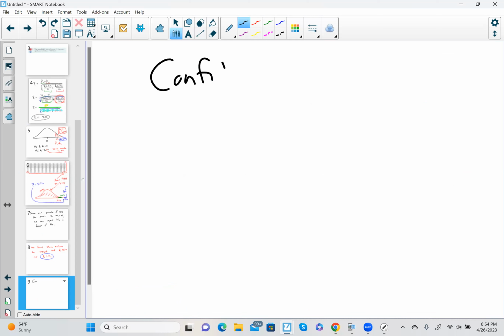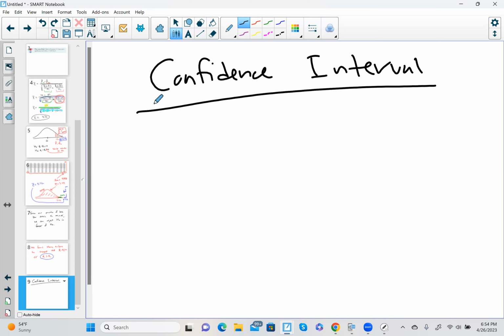So I just want to briefly show you a confidence interval for this kind of problem. So here's what they look like. They have a crazy looking formula, but they tell us something interesting. So I'd like to show you. You ready? So here's what they look like.